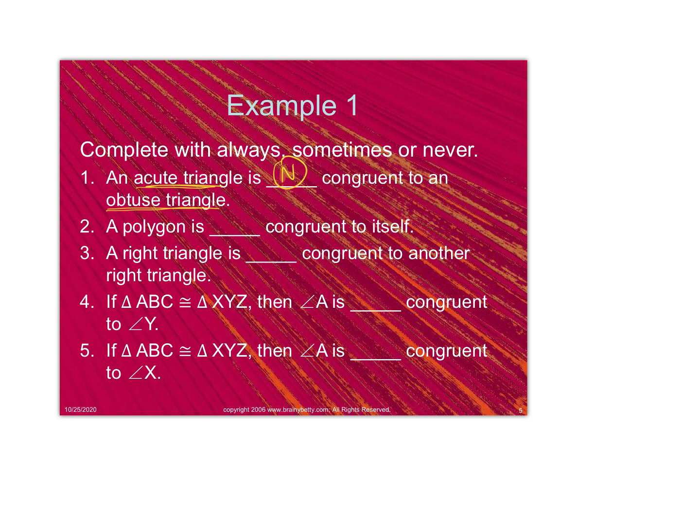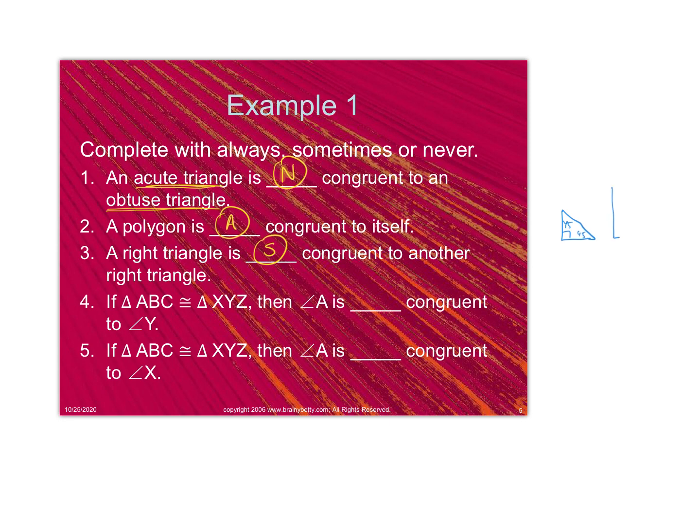Here, a polygon is always, sometimes, or never congruent to itself. Well, it's always congruent to itself. That's the reflexive property. A right triangle is always, sometimes, or never congruent to another right triangle. This is going to be sometimes, because, for example, I might have a right triangle like a 45, 45, 90 triangle.